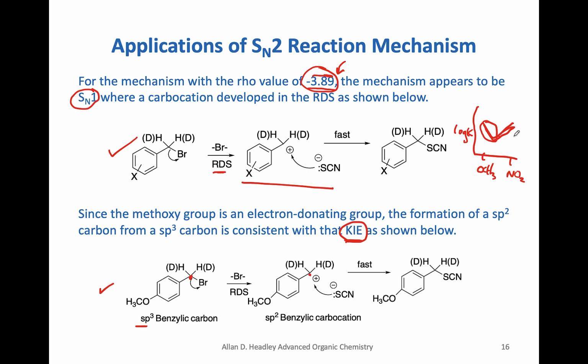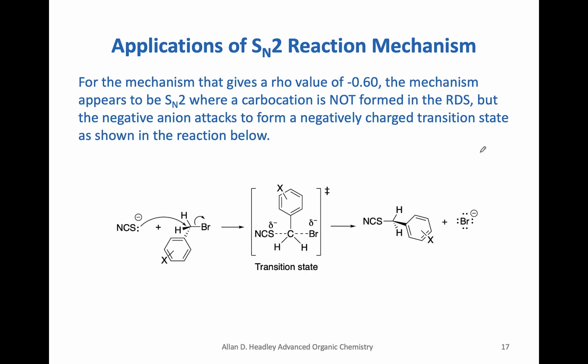Let's see how we can rationalize this end of the linear free energy relationship plot. So this would now be consistent with a negative transition state, or a partially negative transition state. So this SN2 mechanism would explain that.